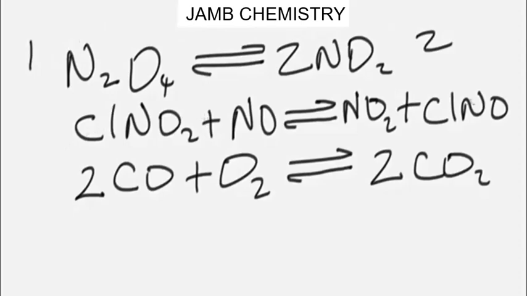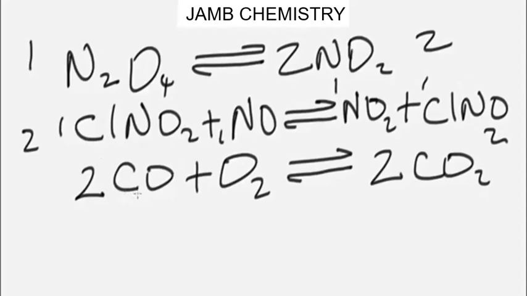Whereas for this second reaction, an increase in pressure will not have any effect because we have 2 moles of gas at the right and we also have 2 moles of gas at the left as well. So this one here plus this one here, I'll give it 2, and this one here plus this one here, I'll make it 2. So there will be no effect for the second reaction.